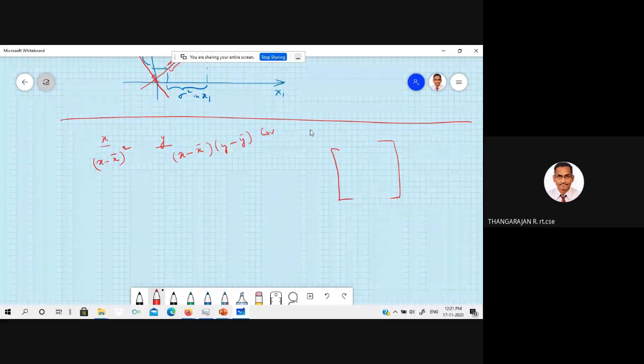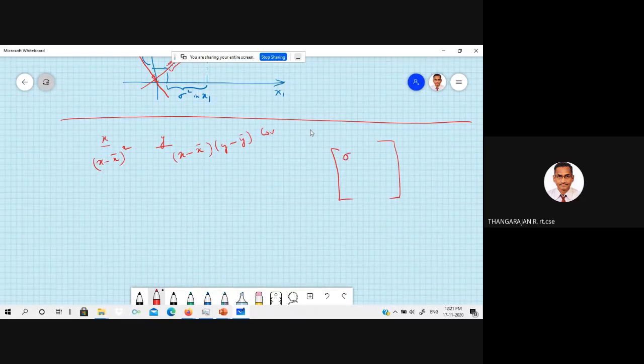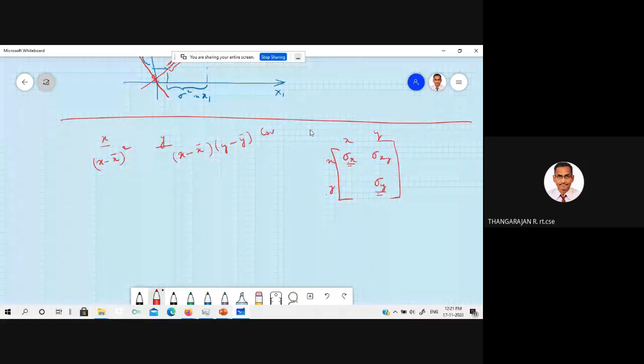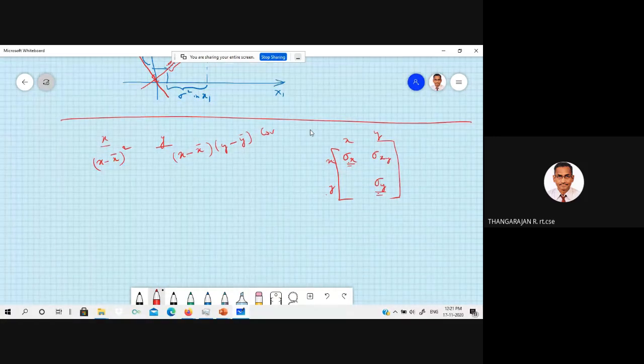Here you will find sigma x and sigma y, that is variance of x and variance of y, because this is xx and yy. For xx this is the variance, for yy this is the variance, but for x and y this is the covariance of x and y. Naturally it will be symmetric, because covariance of xy equals covariance of yx.